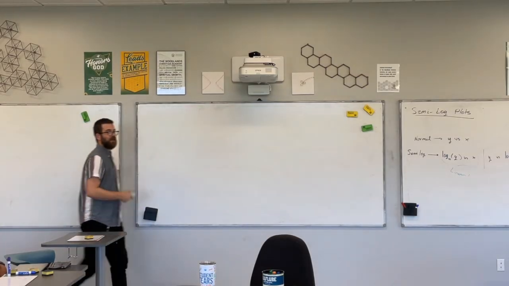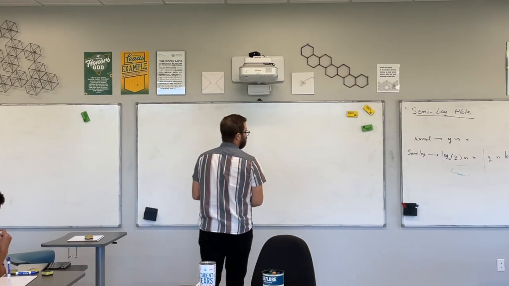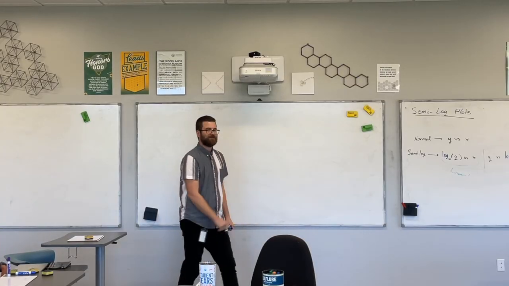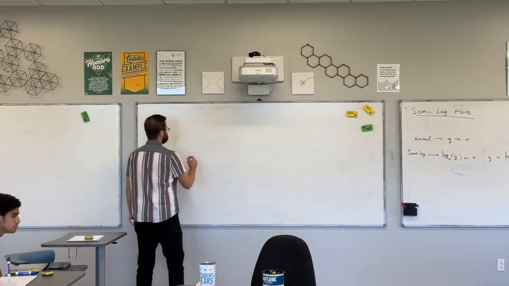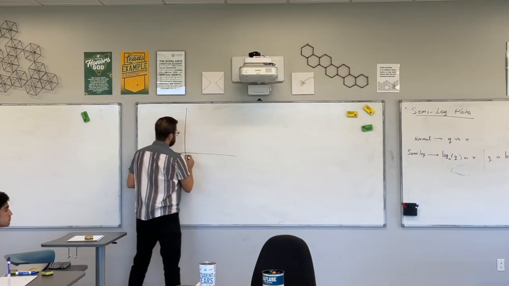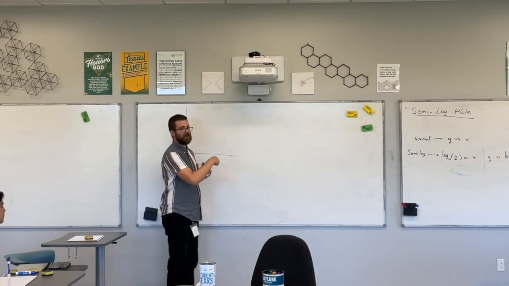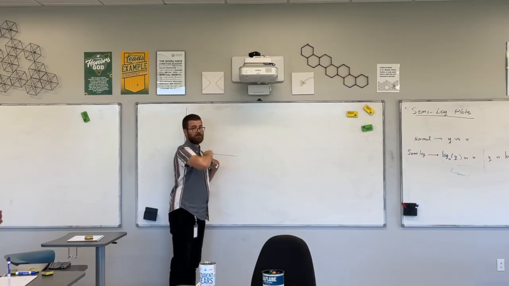All right, hey guys, here's what I want y'all to realize in a semi-log plot. I'll show you some of these in just a second, but suffice it to say, it's pretty straightforward. Now, why would we ever do this? Well, I want to show you something. The reason you saw that it was linear on that last graph was because the original data, you remember how it was curved? Everybody moving there?